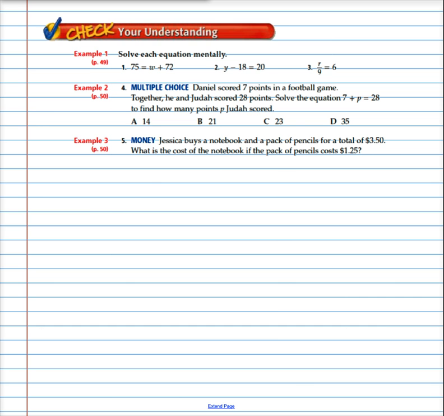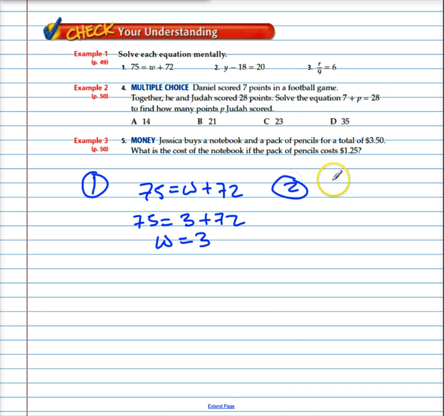Solve each equation mentally. Number 1. 75 equals W plus 72. We know that 3 plus 72 equals 75. Therefore, W must equal 3. Number 2.